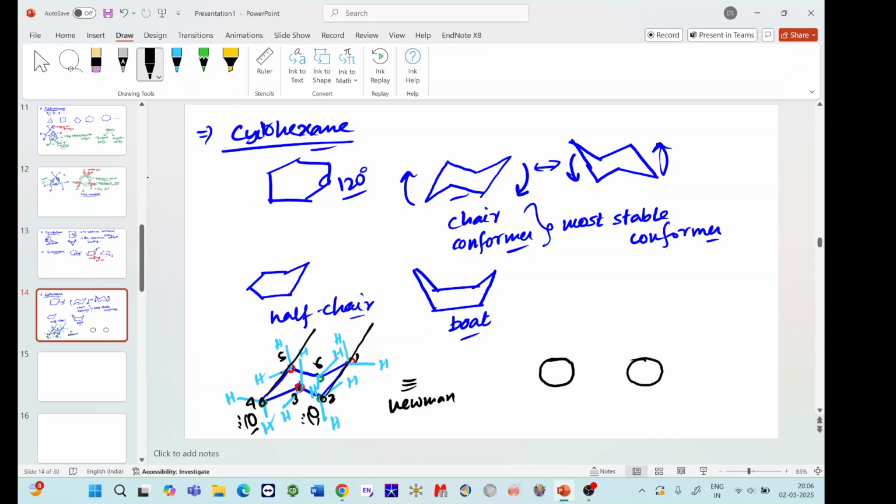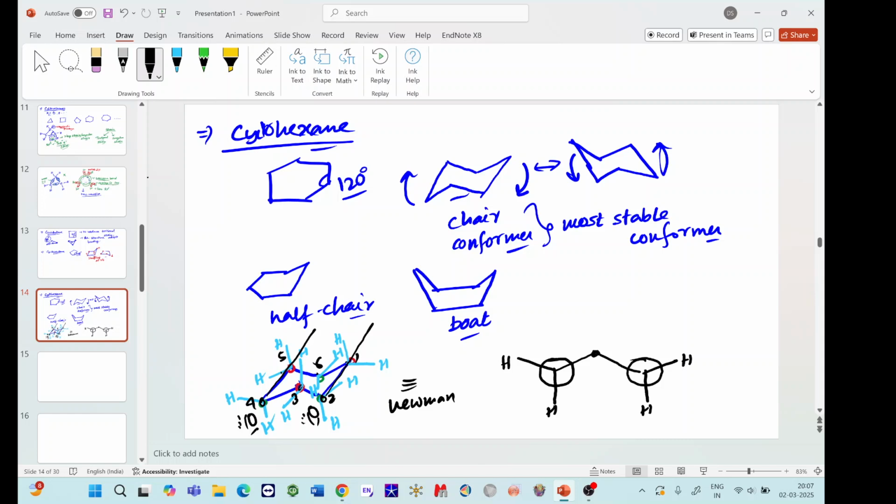Okay, let me draw the proton. Now you can see one carbon is here. So this one I can join. This is the carbon. I will not show the hydrogen here.